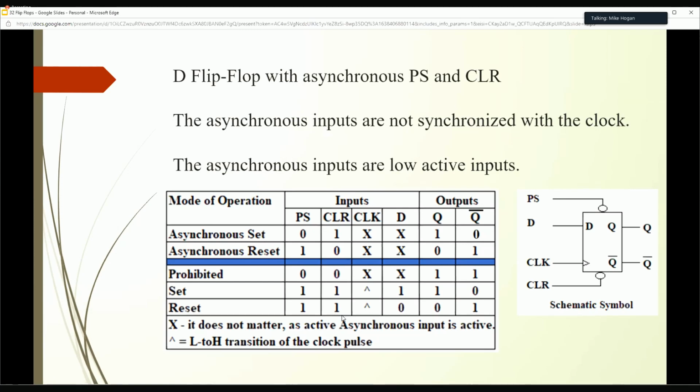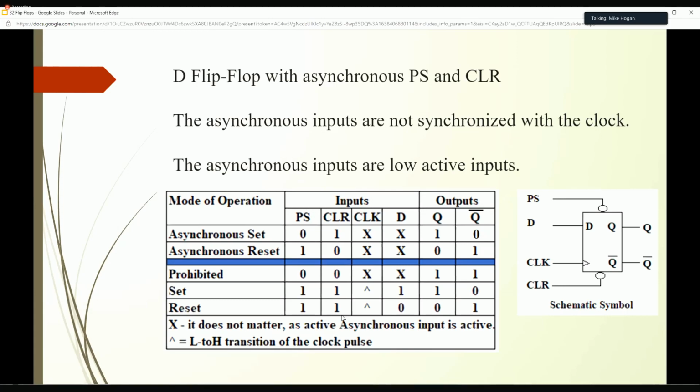Clear is a lot like the reset. And then we can have our data, our D, and then we've also got our clock. And so we've got those 4 inputs, and we've got our Q and our Q naught in terms of our outputs.